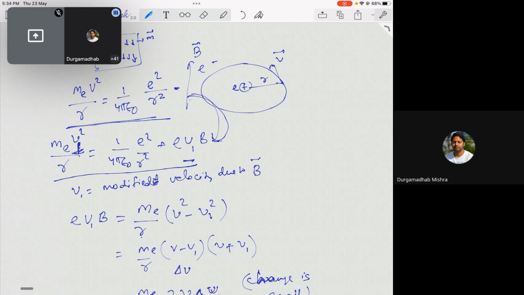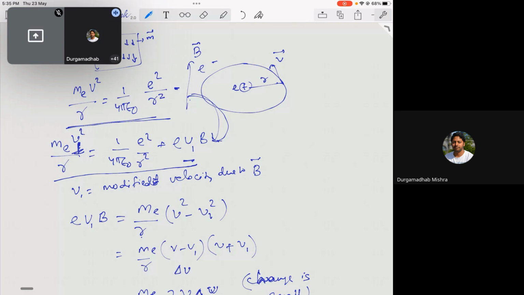But again the electron wants to be in the same orbit, so it resists that change. And in order to resist that change, it induces a dipole moment that is opposite to this external field B, and that is what diamagnetism is, and that is why we say it is always opposite to the applied external field.